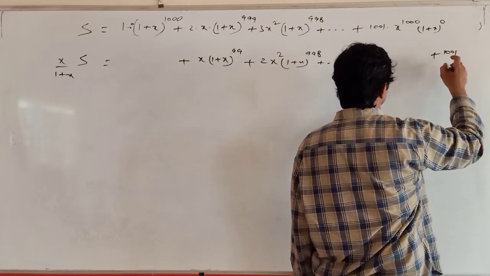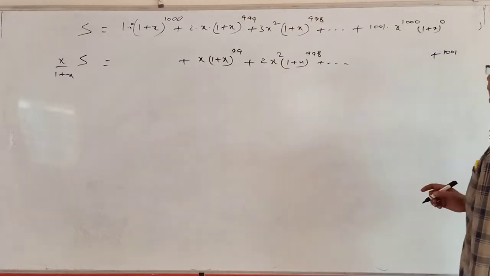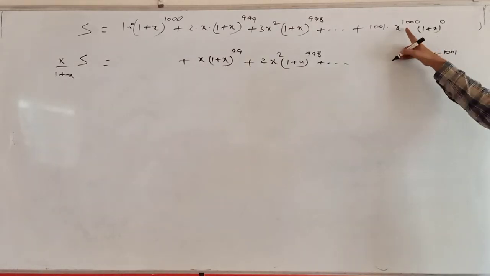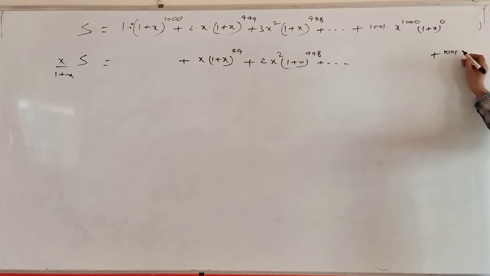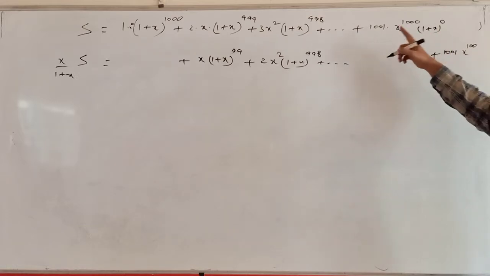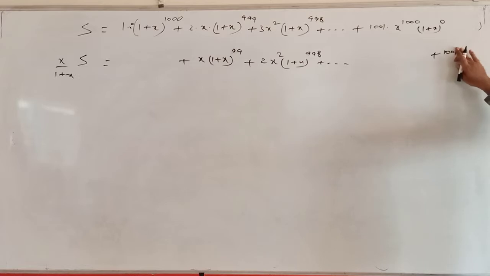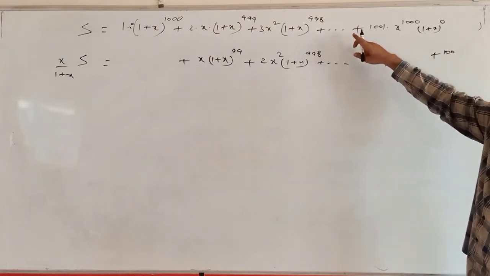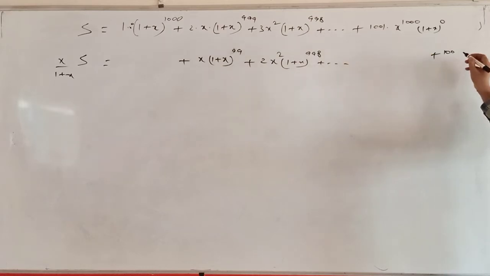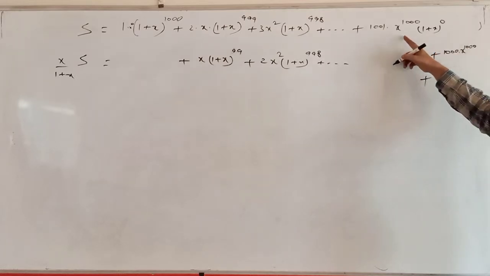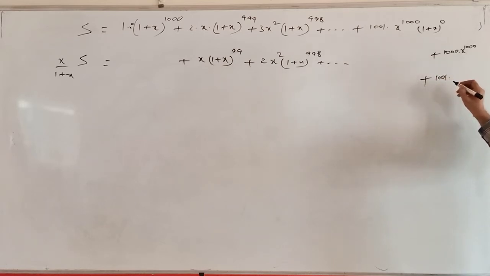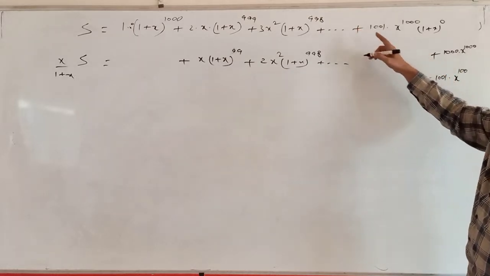Multiplying each preceding term with x by 1 plus x, we get 1000 x power 1000 plus, into this one, 1001 x power 999.